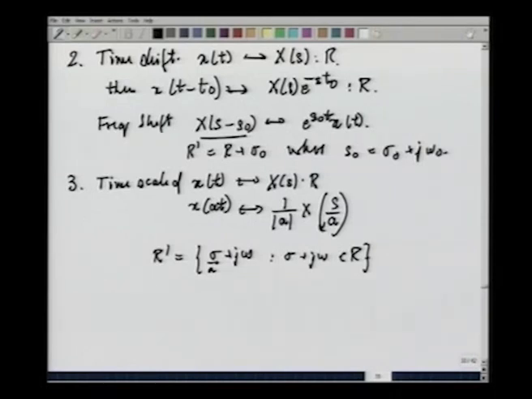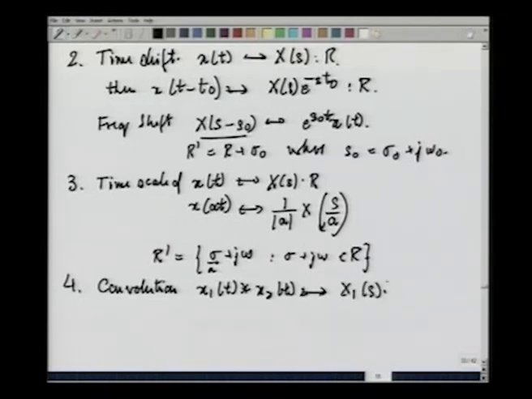Next, we speak of convolution. Along lines very similar to what we have earlier followed, it turns out that x1 t convolved with x2 t will have a Laplace transform given by X1 s times X2 s, where the ROC R of the convolution will contain R1 intersection R2.